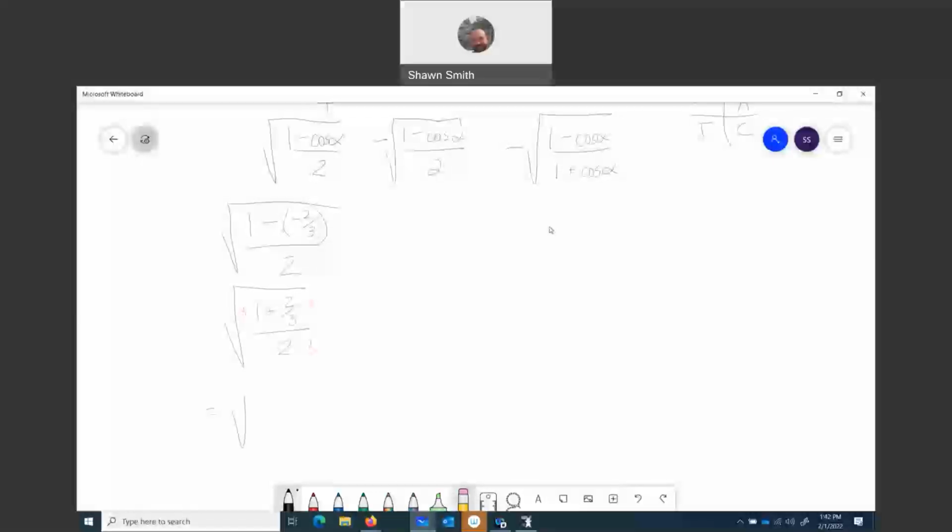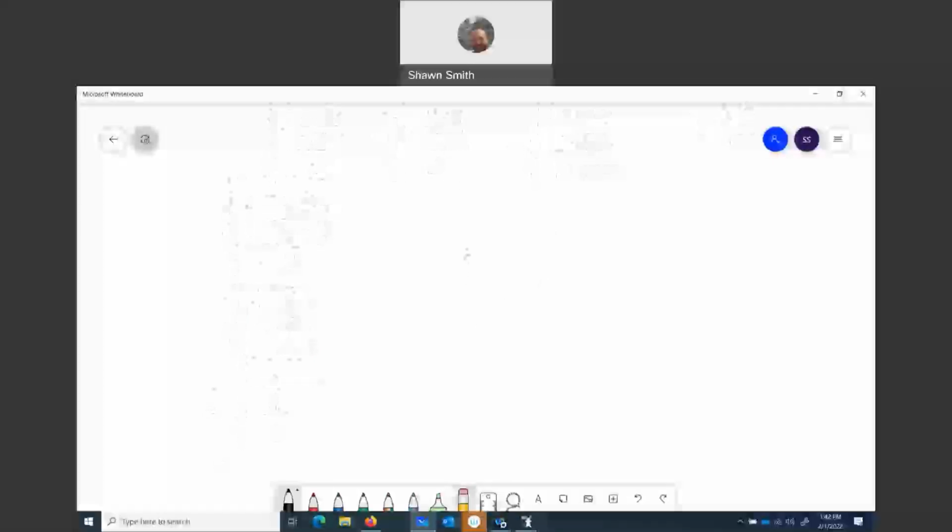And that simplifies to 3 plus 2 in the numerator makes 5 over 6. Yeah, we could simplify that some more. MyMathLab makes you rationalize things, right? So square root of 5 over the square root of 6. Multiply top and bottom by the square root of 6. It's the square root of 30 over 6.